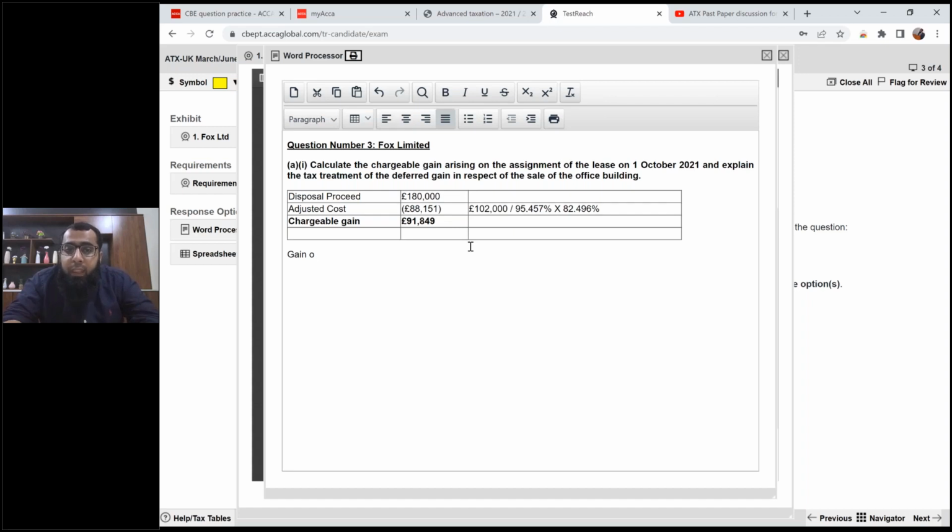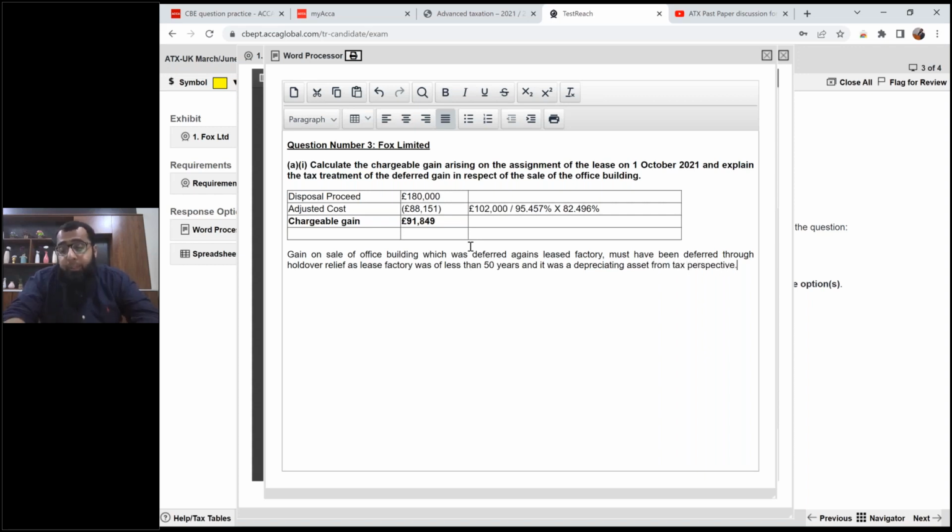Gain on sale of office building, which was deferred against leased factory, must have been deferred through holdover relief, as the leased factory was of less than 50 years and it was a depreciating asset from a tax perspective.